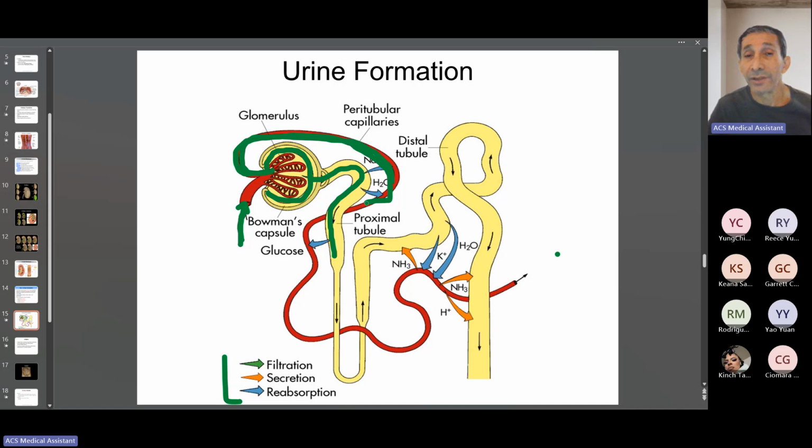Well, here the blood is going to go back to the blood flow through the arteries. But the dirty wastes in the urine are going to go through these tubes to be removed from the body, from the kidneys first, and then outside the body.